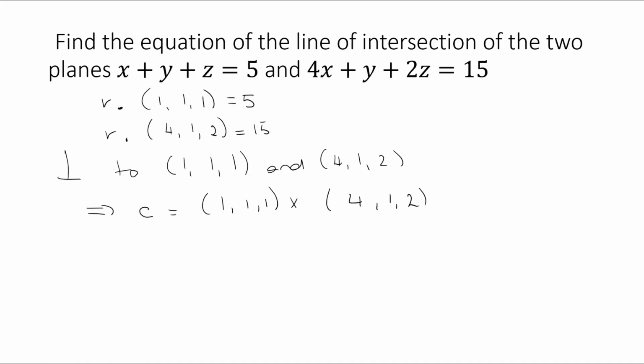Like that. This is where we use determinants, and we set it up with I, J and K because we've got 3 dimensions.